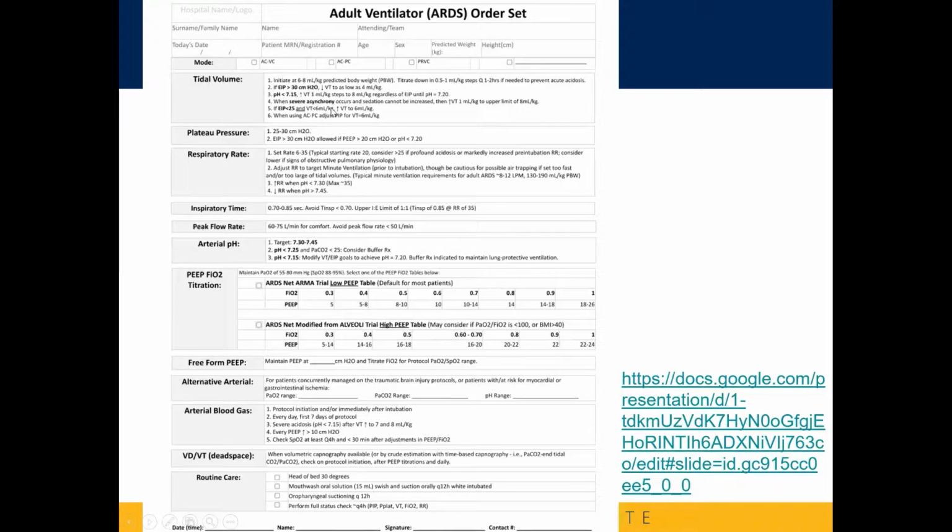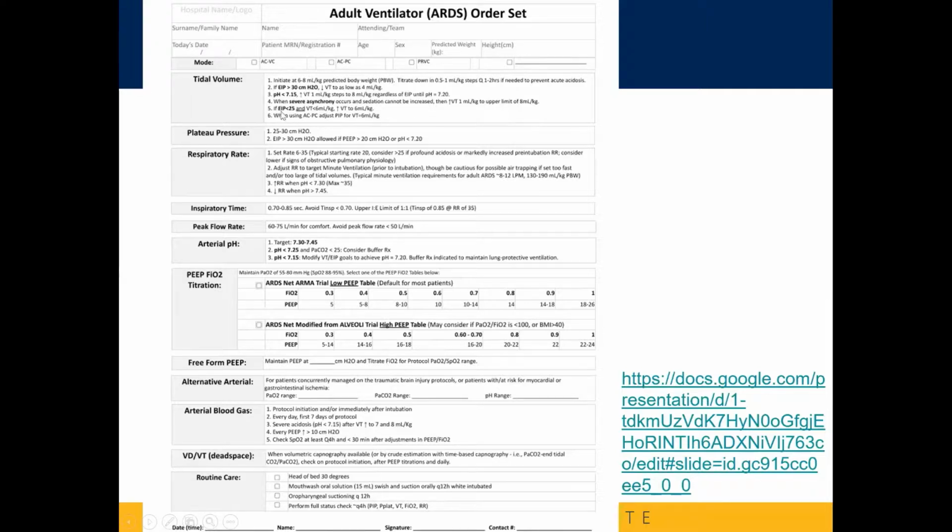If there's severe asynchrony with the patient and sedation can't be increased, then you're allowed to move higher than 8 mils per kilogram to try and get the patient synchronous with the ventilator.